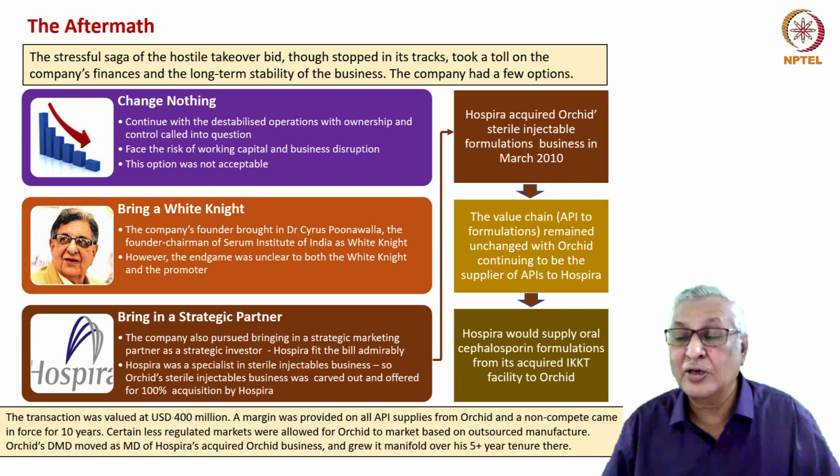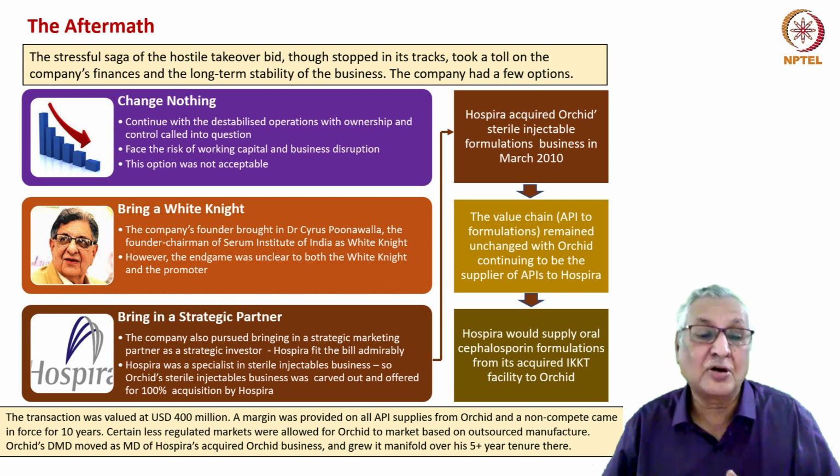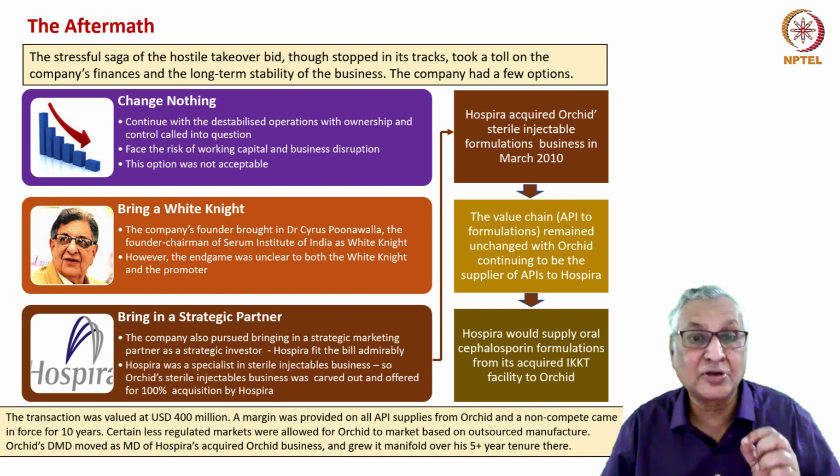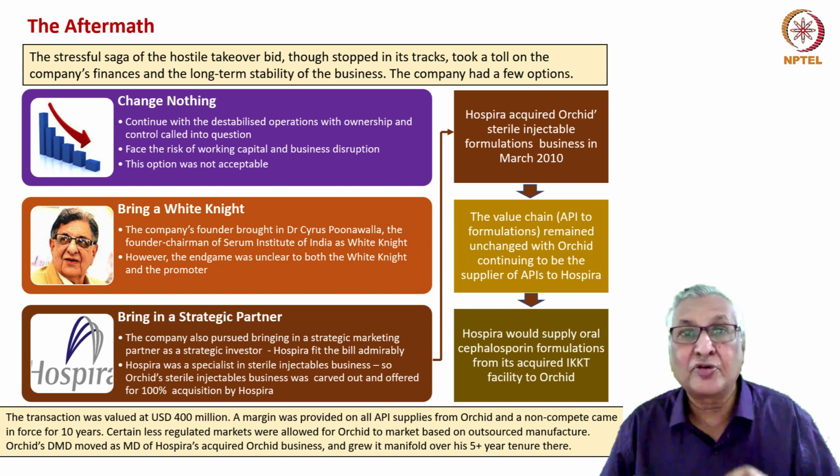Hospira would supply oral cephalosporin formulations from its acquired IKKT facility to Orchid. The transaction was valued at 100 million US dollars. A margin was provided on all API supplies from Orchid, and a non-compete came in force for 10 years. Certain less regulated markets were allowed for Orchid to market based on outsourced manufacture.